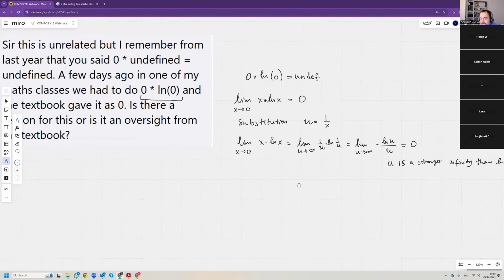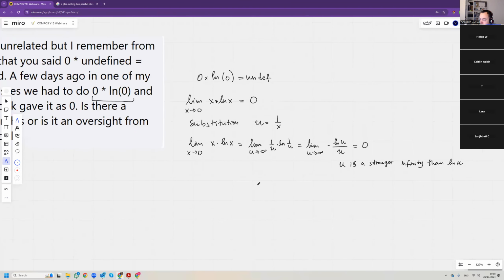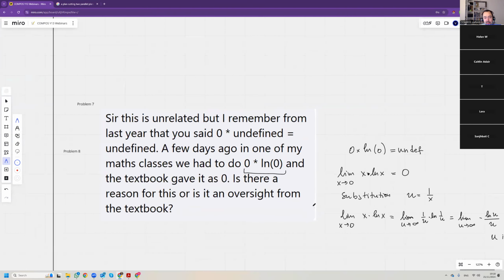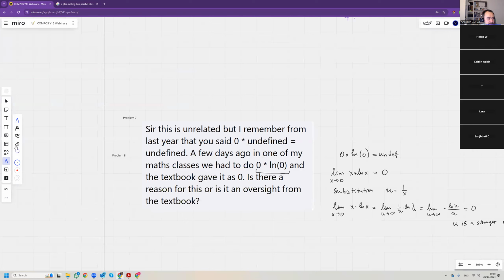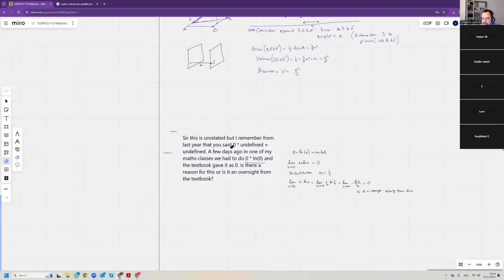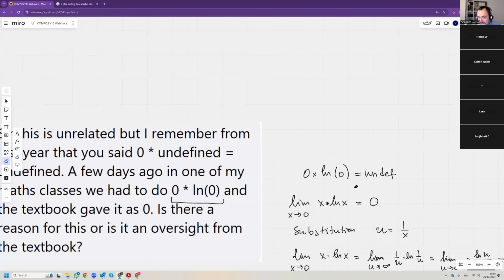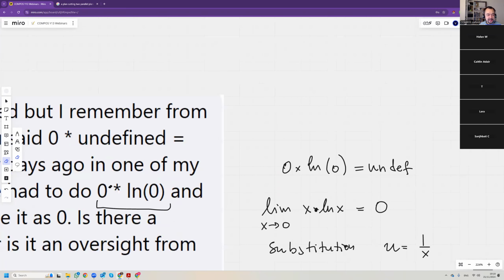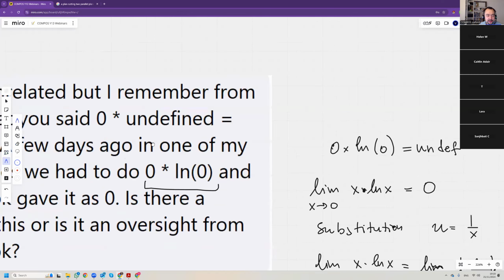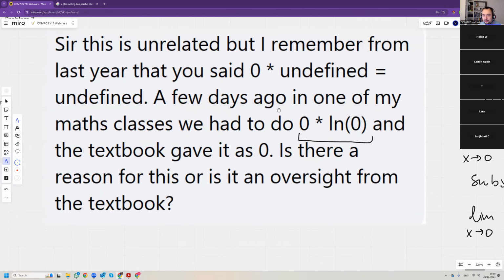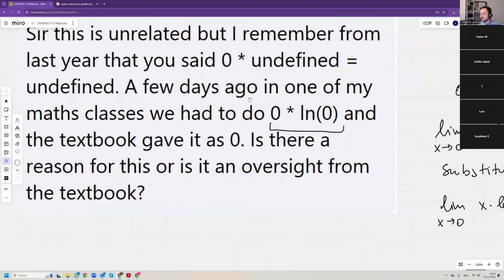Okay, so I hope that makes sense. Does that make sense? It's still undefined. 0 times ln 0 is undefined. It's not possible, but it does have a limit, and the limit is 0.